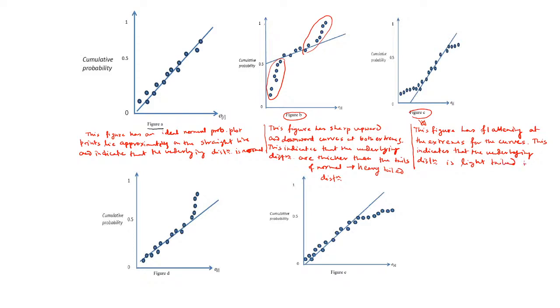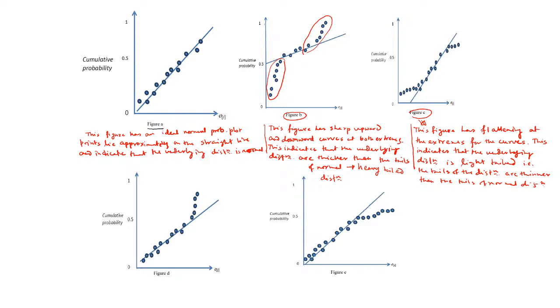That is, the tails of the distribution are thinner than the tails of the normal distribution. For example, exponential and Gumbel are examples of light tail distributions.